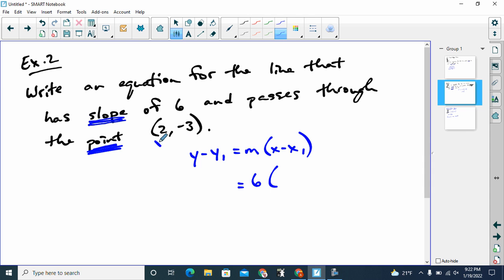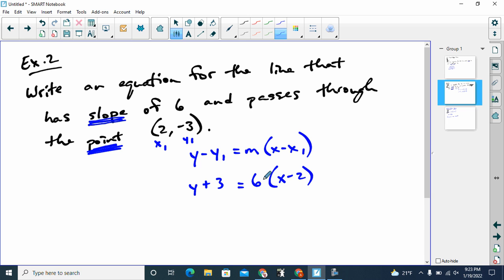And then remember we have our point (x1, y1). So x1 is 2, and y1 is -3. So this is going to say y minus -3. Minus, minus, we can change that to plus.